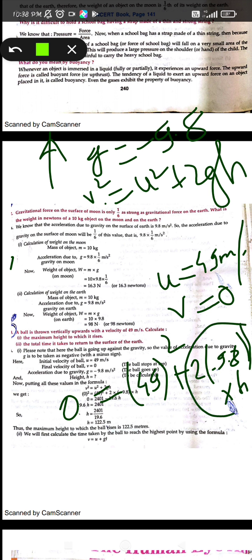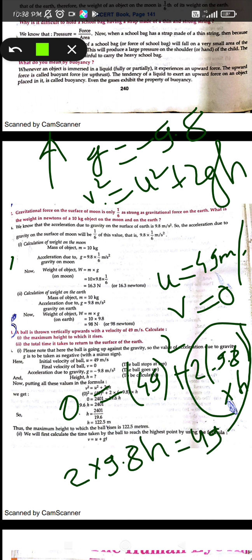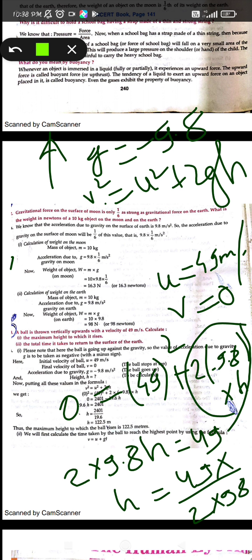Now let this minus part go to the left side, then 2 into 9.8 h equals 49 square. Now h equals 49 square upon 2 into 9.8, and if we write this upon 10, then that 10 will come on the numerator.